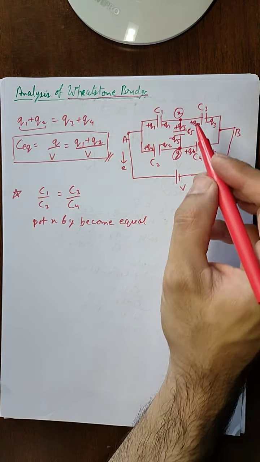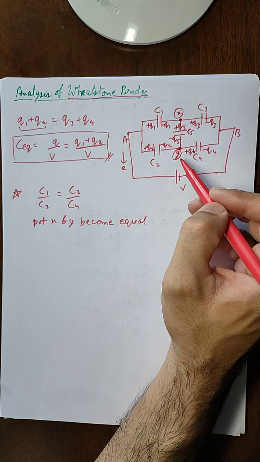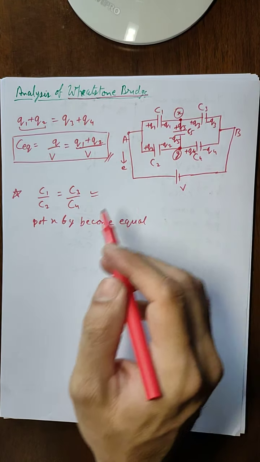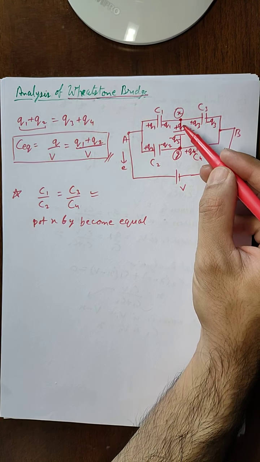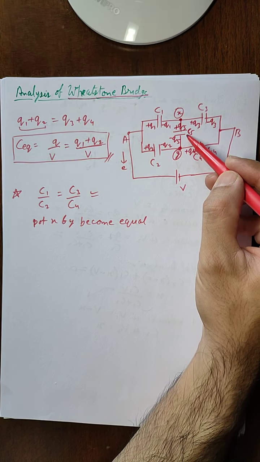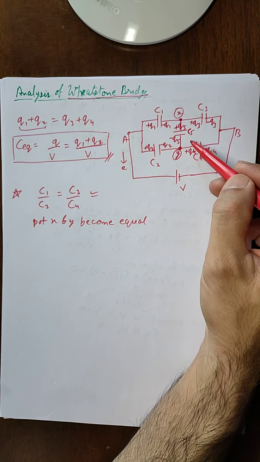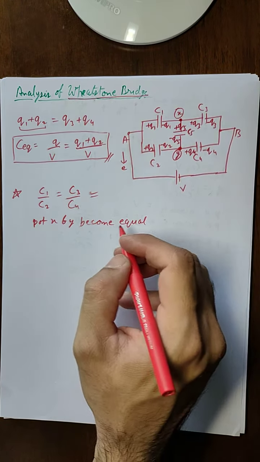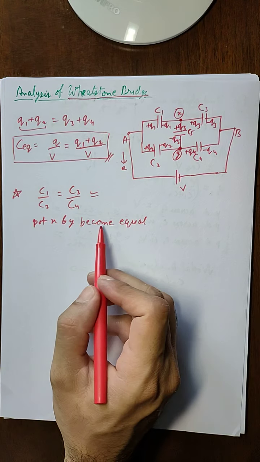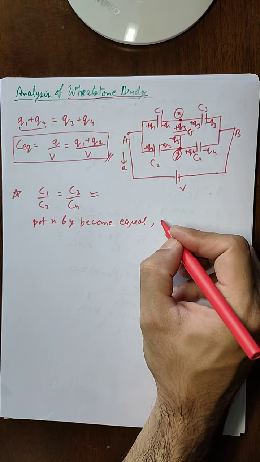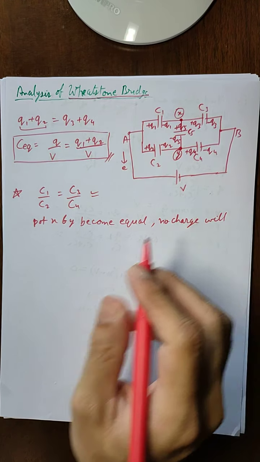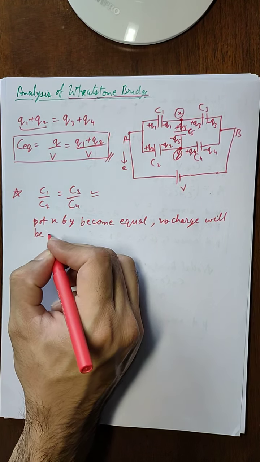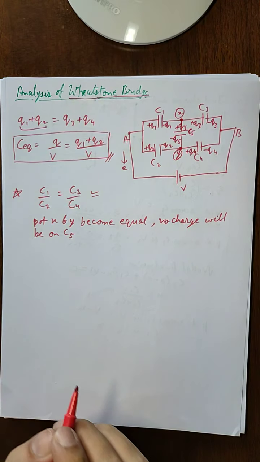That means that there is no potential difference between X and Y. In such a condition, when there is no potential difference between X and Y, there will be no charge on C5 because there is no potential. So in this case, when potentials X and Y become equal, no charge will be deposited on C5.